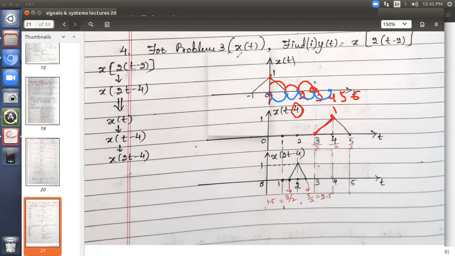Similarly, take one more, that is 1 shifted by 4 amounts: 1, 2, 3, 4. So at 5 you'll have this 0 and there is a decreasing ramp here. Just join it. So this is the shifting of your original signal by 4 amounts to the right side.